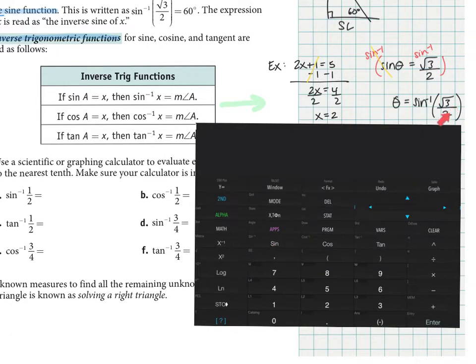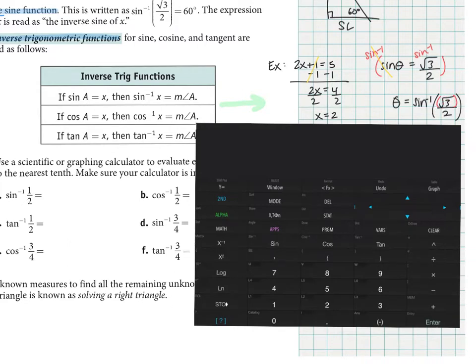And then I want to type in the square root of 3 over 2. Sometimes, just to be safe, I add an extra set of parentheses, but we don't have to add them. I just want to make sure that we know the square root sign is only over the 3.